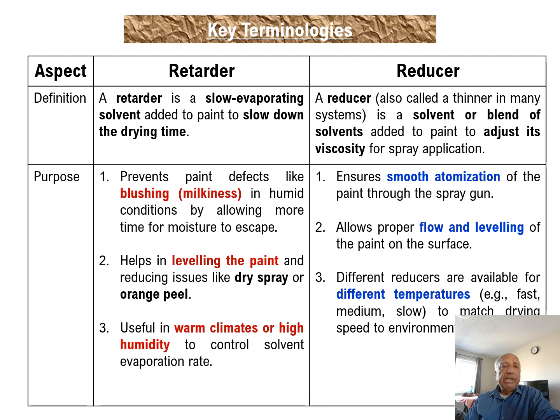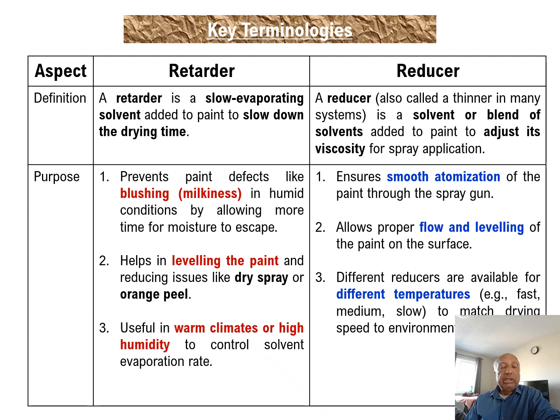Retarder prevents paint defects like blushing milkiness in humid conditions by allowing more time for moisture to escape. It also helps in leveling the paint and reducing issues like dry spray or orange peel.